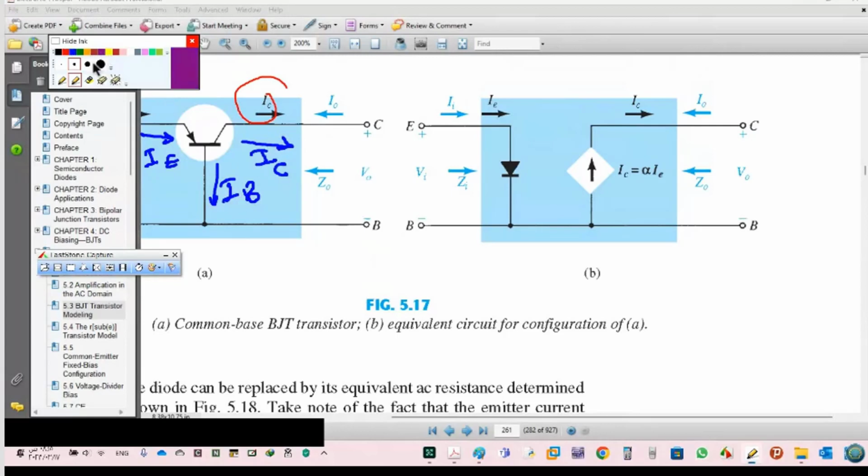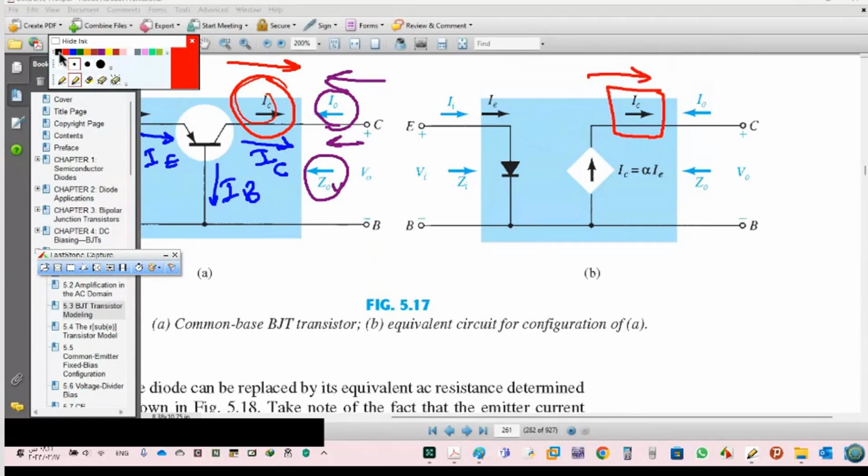But see this, IO usually and ZO inside. Here, IC is opposite, outside. So this is out, so this is in.